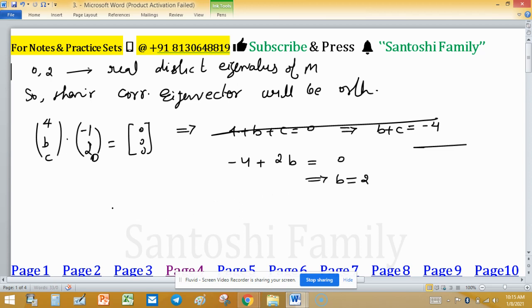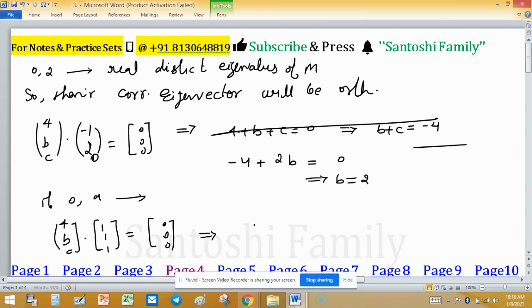Now we will check another pair. If 0 and a are real and distinct eigenvalues, then their corresponding eigenvectors will be orthogonal. So the dot product of (4, b, c) with (1, 1, 1) is equal to 0.